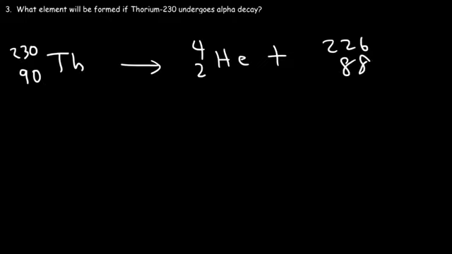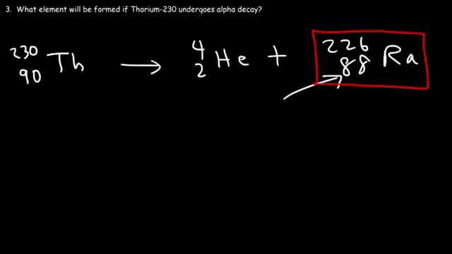So if thorium-230 undergoes alpha decay, it's going to produce what element? The atomic number always identifies the element. So if you go to the periodic table and look for an element with an atomic number of 88, you'll see that it's radium, Ra. So that is the element that will be formed if thorium undergoes a single alpha decay event.